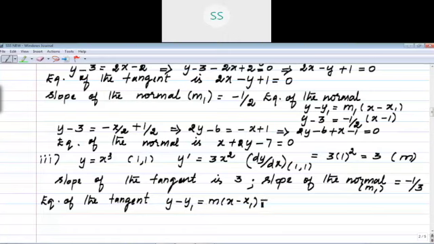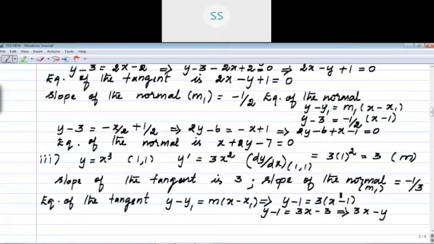Which implies y minus 1 equal to 3 into x minus 1. Now here itself you write y minus 1 equal to 3x minus 3, which implies 3x minus y minus 3 is there, minus 1 when you shift to the opposite side it will act as plus 1, minus 3 plus 1.